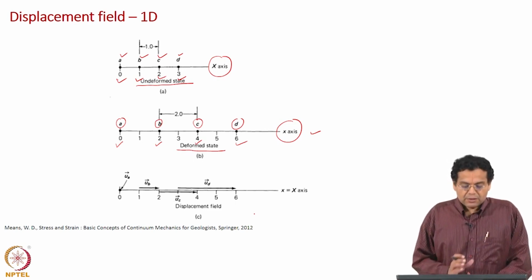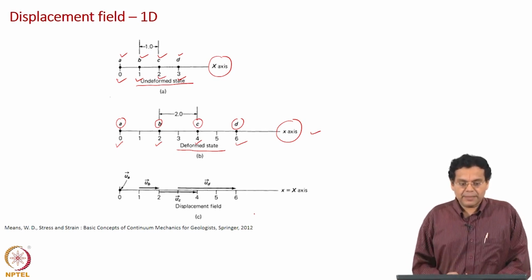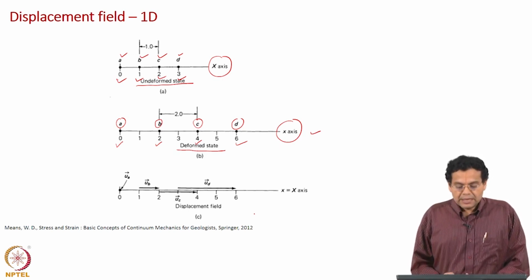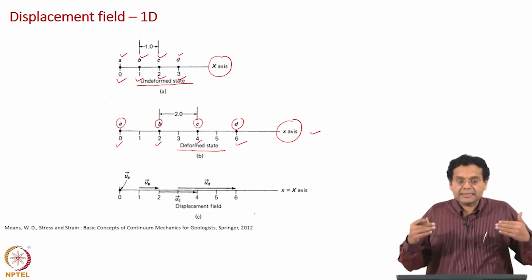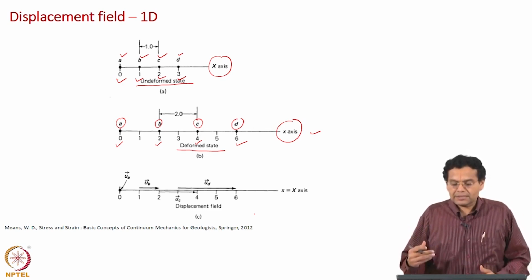Now, how do we formally say point A has not got displaced, but B has displaced from 1 to 2, and then C has displaced from 2 to 4 and D has displaced from 3 to 6. Remember, the scale is same, only the nomenclature of axis is different.